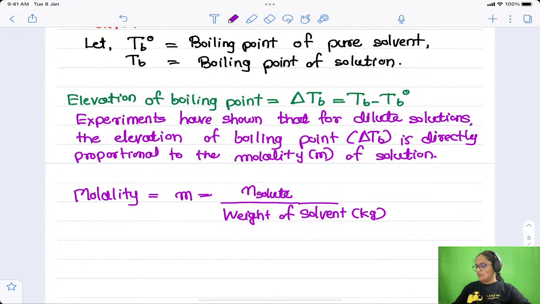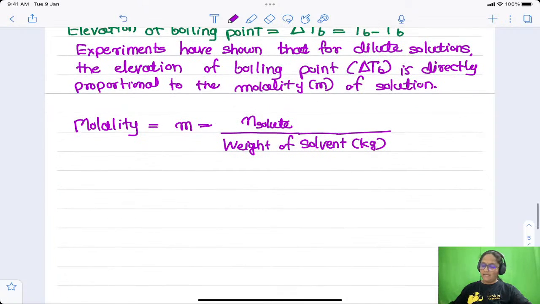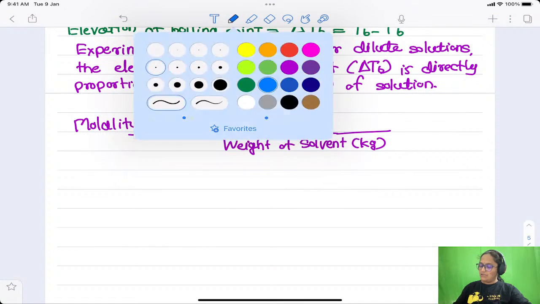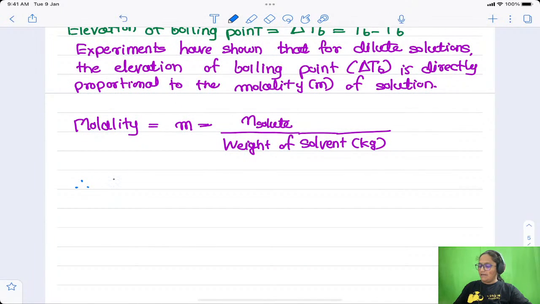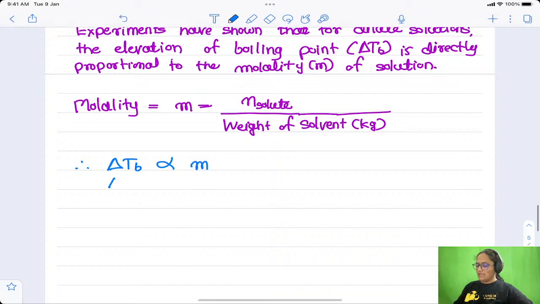So this is the molality. Therefore I can write the equation: delta TB is directly proportional to small m. Now I'll put a proportionality constant. Delta TB will be equal to KB times m, with K capital and B subscript.